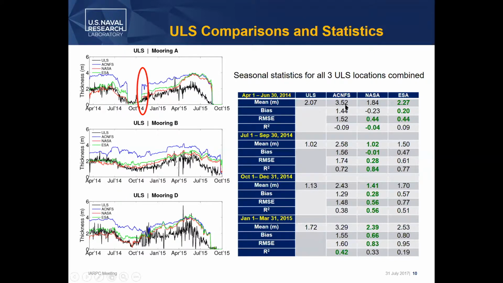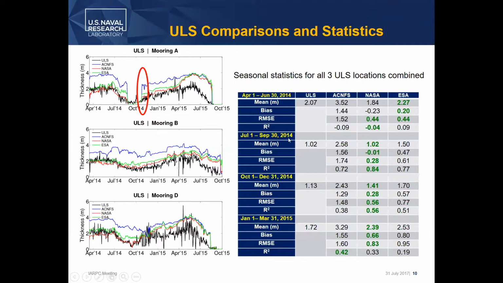Arctic cap, we're about 1.5 meters thicker, which we know is not correct. It's 3.5. And then the NASA and ESA are significantly closer to ULS. And I've highlighted in green on this table which was the best performer. So we've got significantly lower biases, lower root mean square errors, and then it's by season.